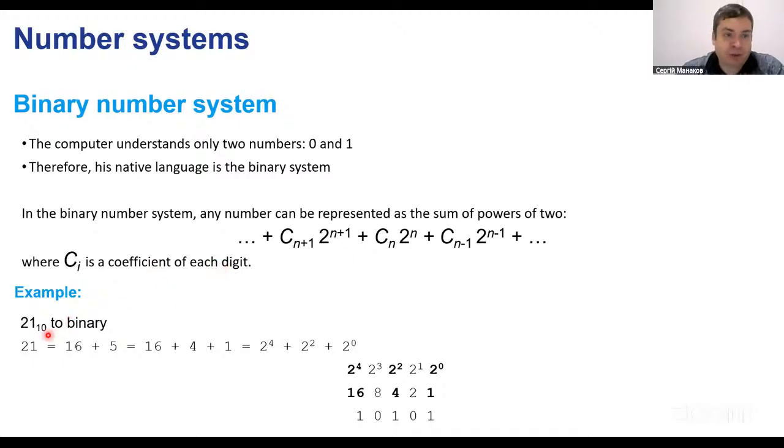For example, we have a decimal number 21 here, and we need to translate it to binary. We have to imagine the so-called digit grid, it may be called, because just imagine these powers of 2 beginning from the right to the left. Here we have 2 power 0, then 2 power 1, 2 power 2, and so on.